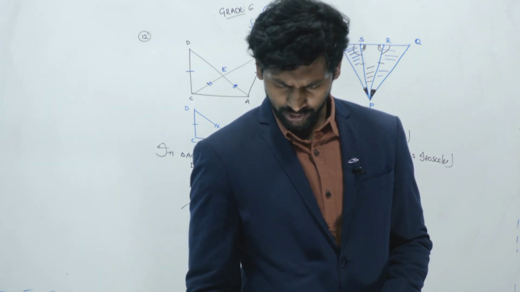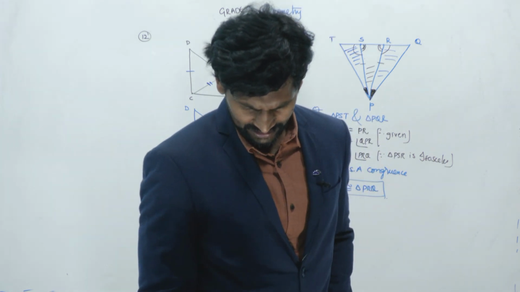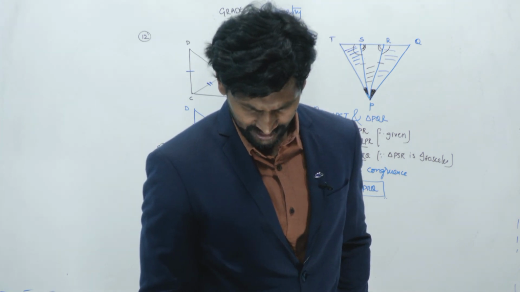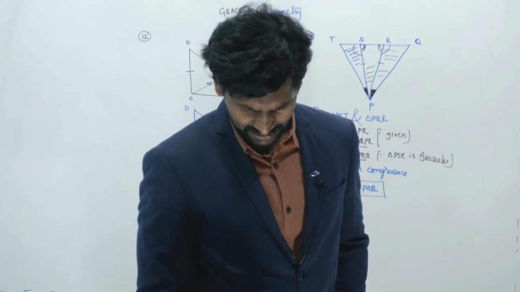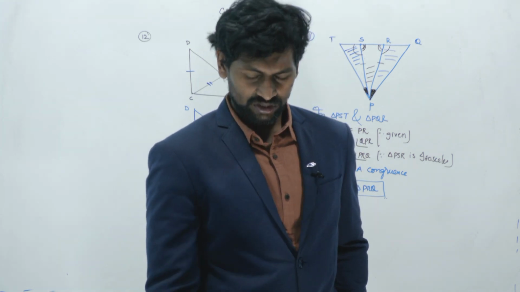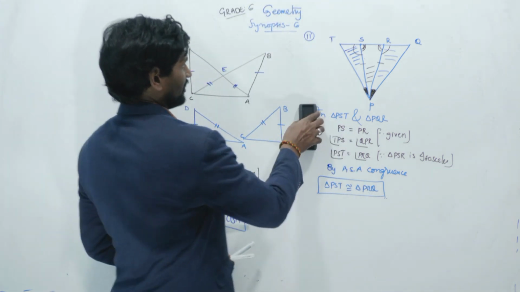So problem number 12: in the given figure, AB equals AC. D is a point in the interior of triangle ABC such that angle DBC equals angle DCB. We need to go through the diagram, so let me erase the 11th one.